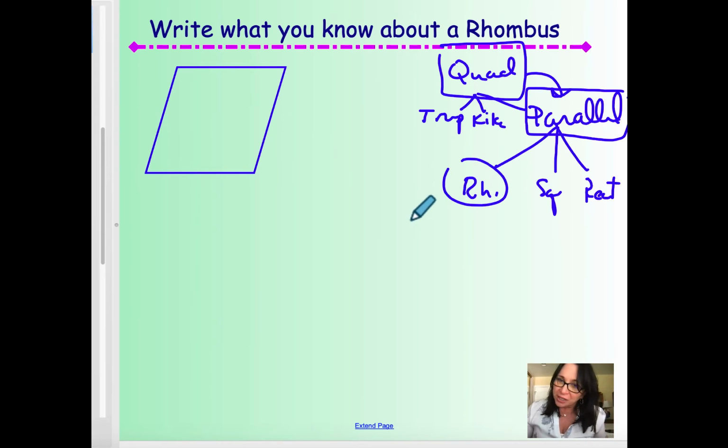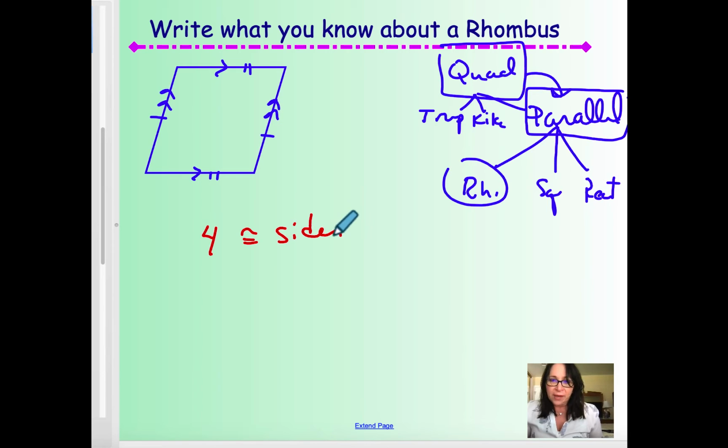So in addition to having opposite angles congruent and both pairs of opposite sides parallel and congruent, all of that information that we already know, this is what they want to know, in addition to the 5 things. Additionally, we have 4 congruent sides. That's one thing: a rhombus has 4 congruent sides.